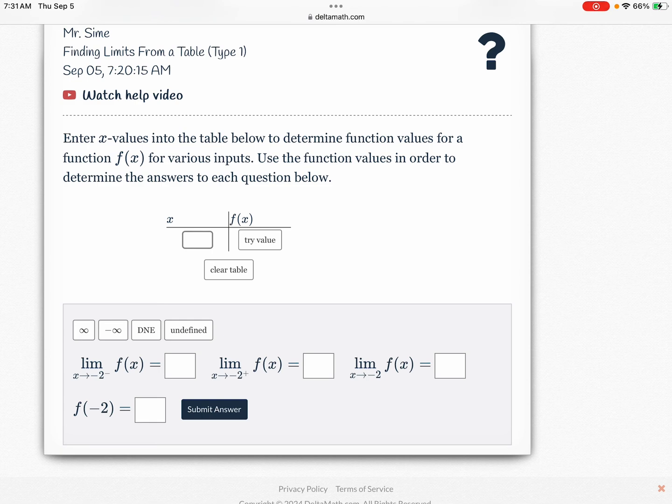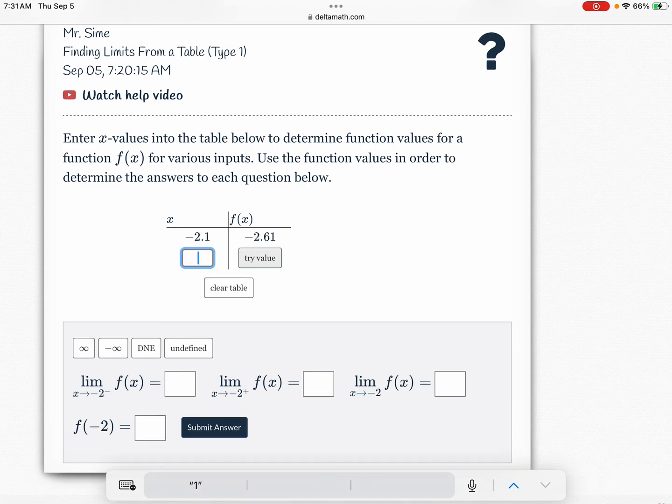So I'm going to set up my table. I'm going to tap on the x column, and I'm going to choose a value that's 1/10 of a unit to the left of -2. So that would be -2.1, and I try it out. Now I'm going to go 1/100th of a unit to the left of -2, -2.01.